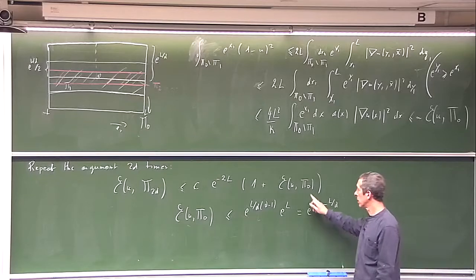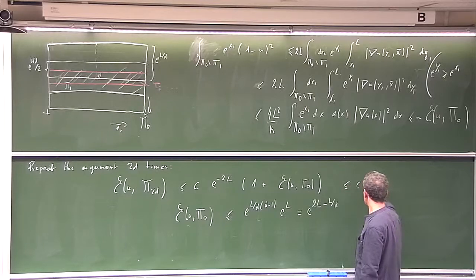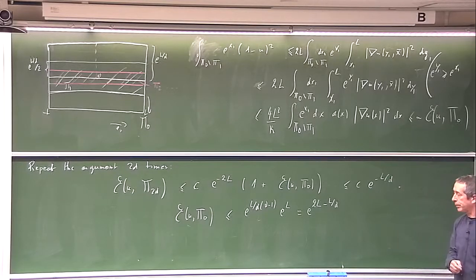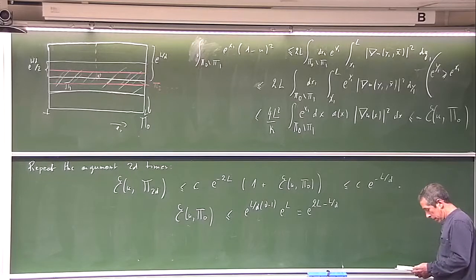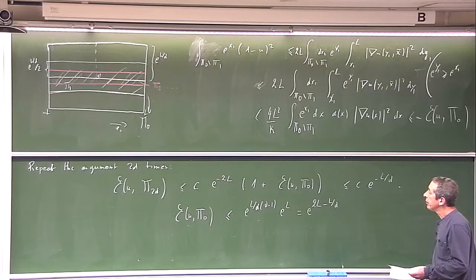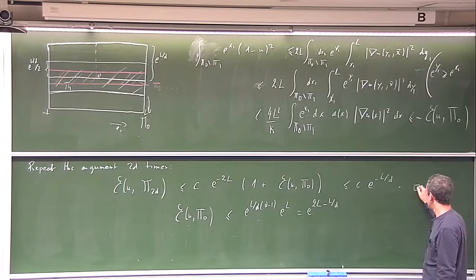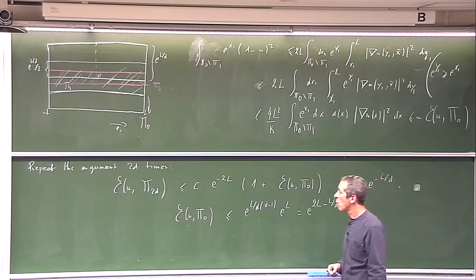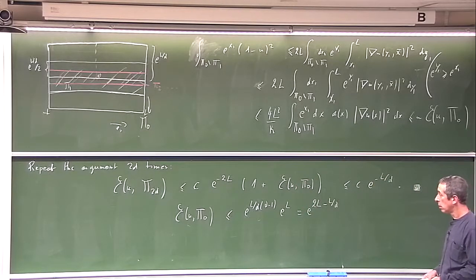So if you insert this bound in here, then you get something which is smaller than a constant times exponential minus L to the d. Okay. And so that's the end of the proof of this key lemma. So I gave the proof.